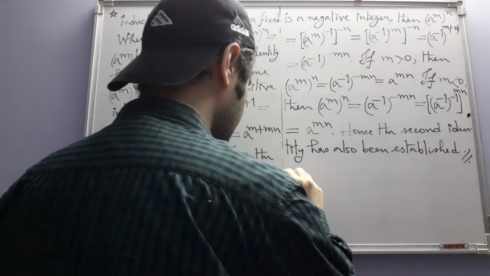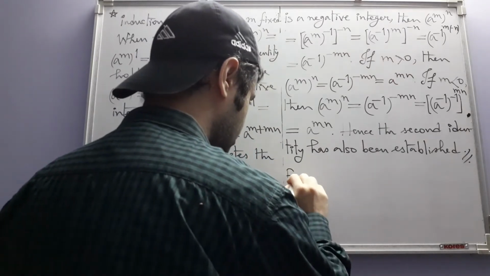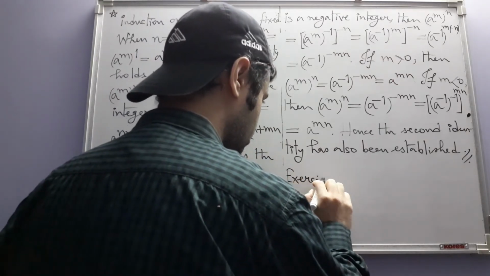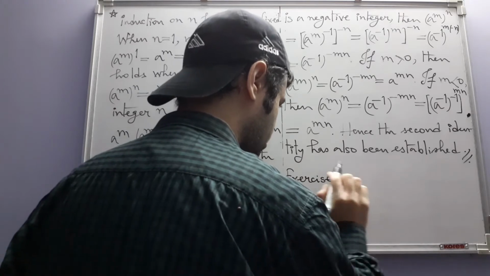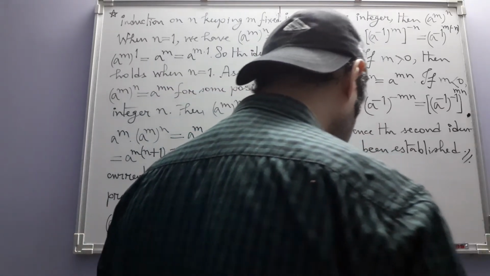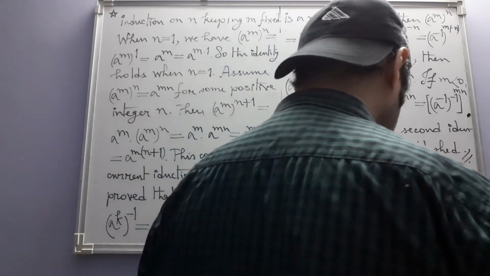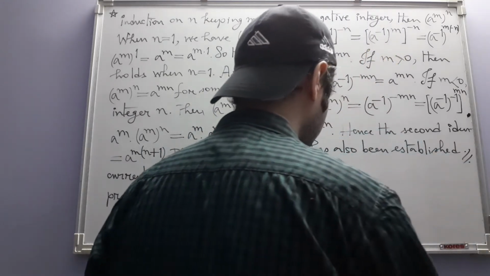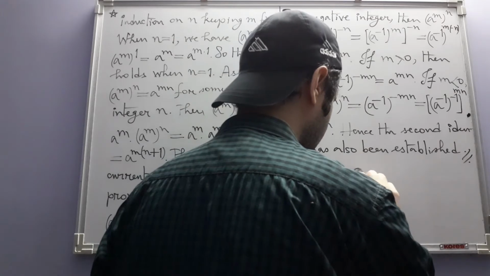Okay, so now we go to exercise 2. So what does exercise 2 say? Prove that if G is an abelian group, it's not very difficult, quite easy.